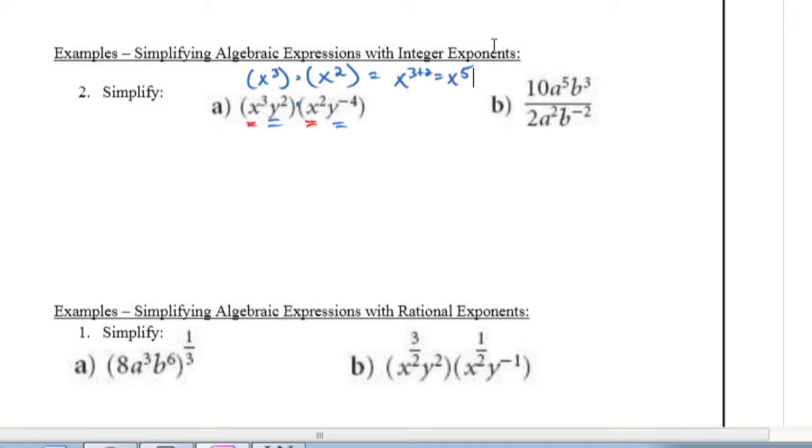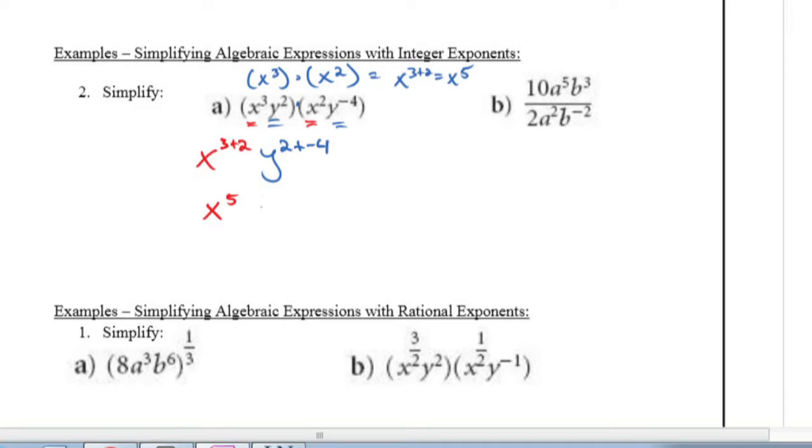Well, just because I put the x next to a y doesn't change that fact. So what I'm going to do is just exactly that. I'm going to have x to the 3 plus 2 and y to the 2 plus negative 4. X to the 3 plus 2 is 5.